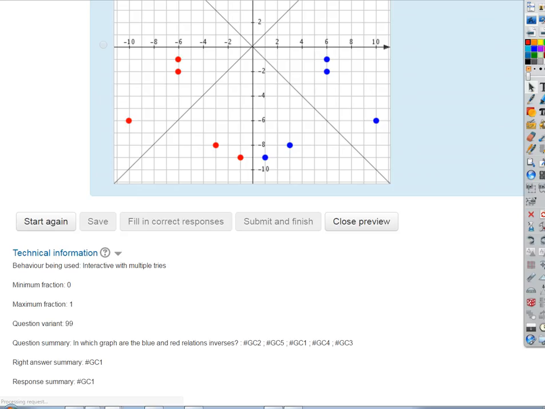The function has coordinates x equals 1, y equals 3. And at 7, it has coordinates 7, 3 also.